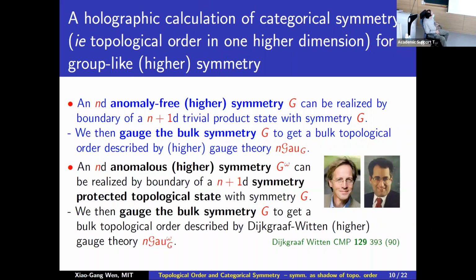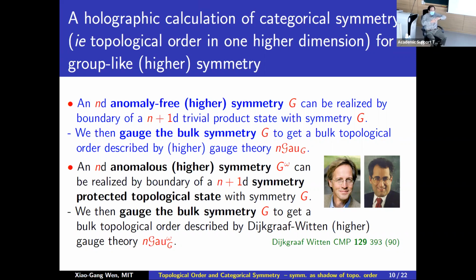And this picture works even for anomalous symmetry, because we can view anomalous symmetry as a boundary of SPT states, which we did not really discuss in detail, just mentioned. We know the anomalous symmetry cannot be gauged.